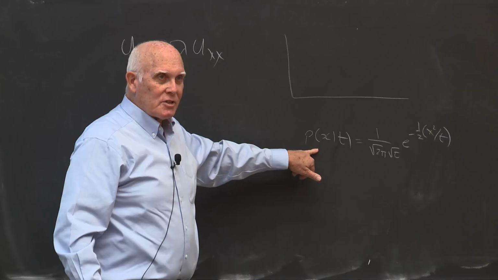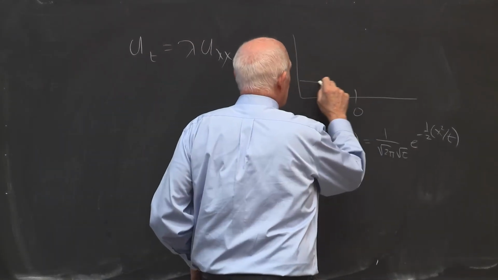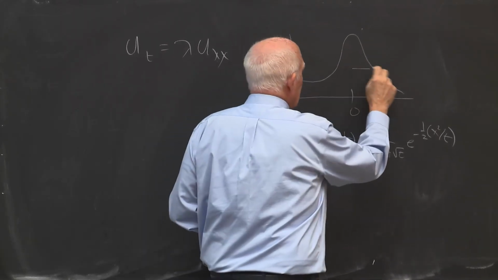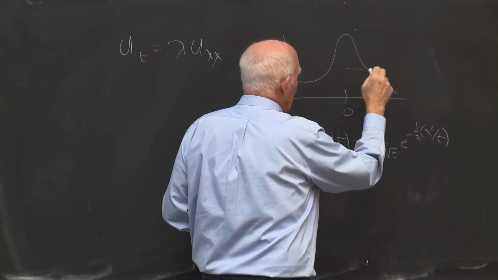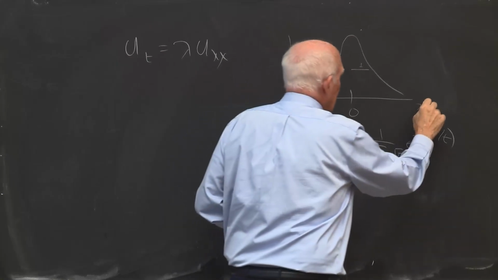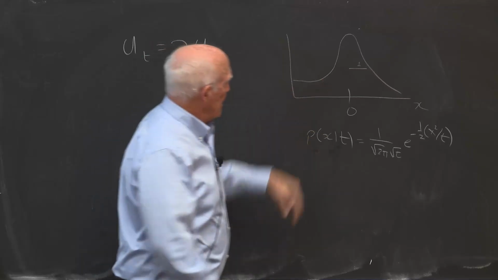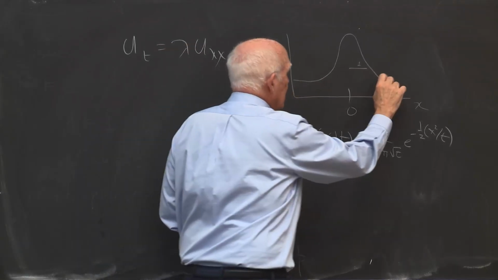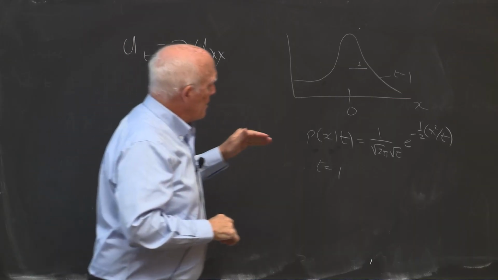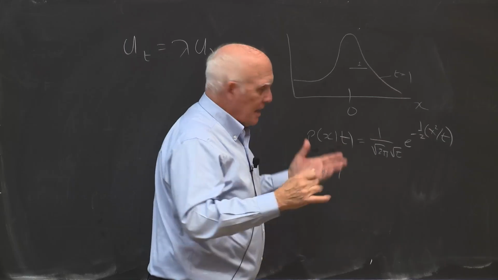So if we think of a Gaussian density, which is a bell-shaped curve around 0 with standard deviation 1, this would be the density perhaps for t equals 1. This is the density of a Brownian motion starting at time 0, ending at time t.